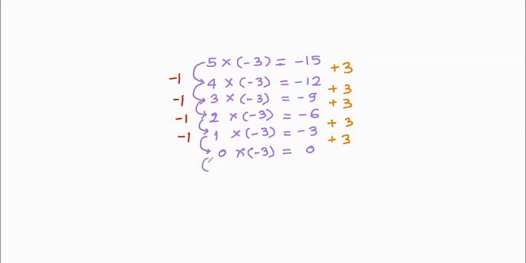If I reduce this from 0 to minus 1, the answer should become 3. Now let's go one step further. So minus 2 into minus 3, 3 plus 3, will become 6.